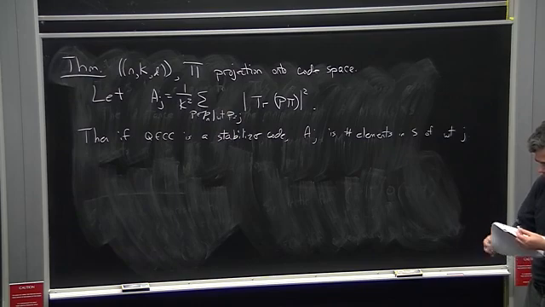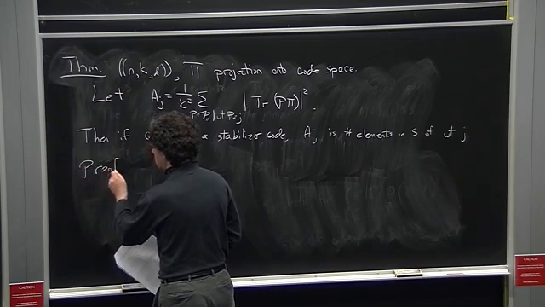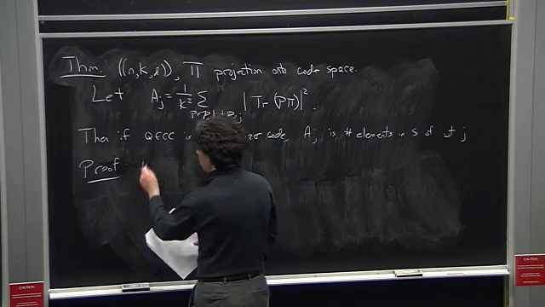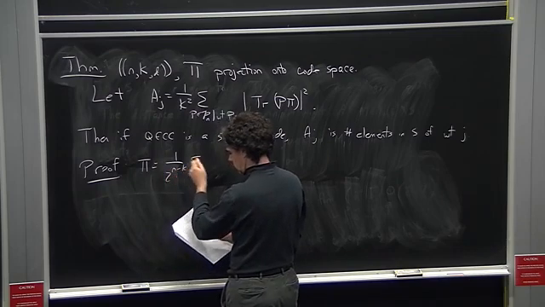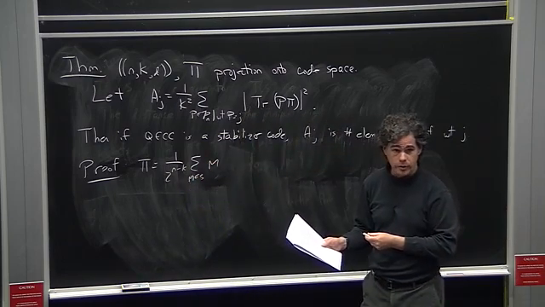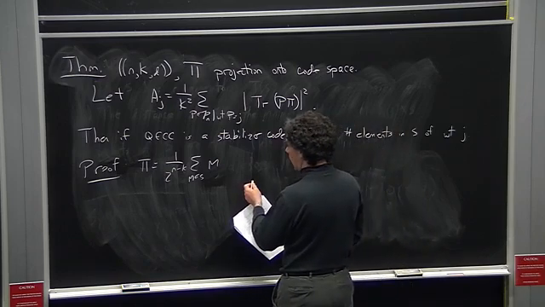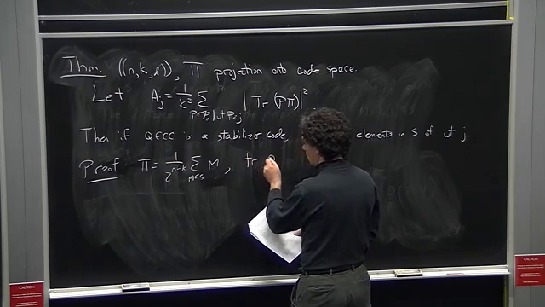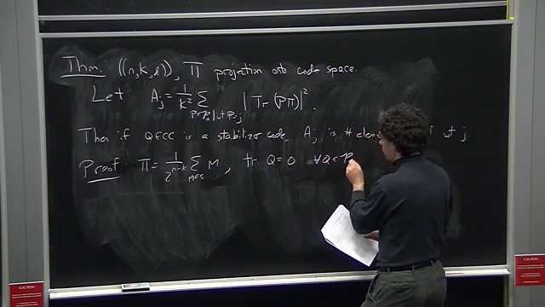I don't want to go through all of this, but to prove that, we write down the projector. Remember, we had this formula for the projector onto the code space for a stabilizer code. Remember also that the trace of a Pauli is 0 unless it's the identity.